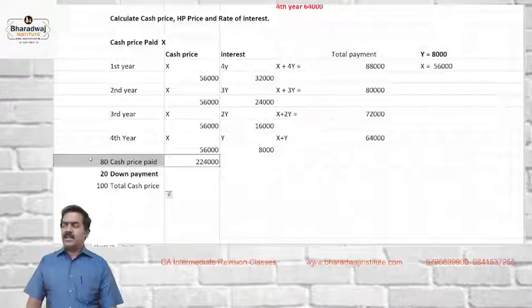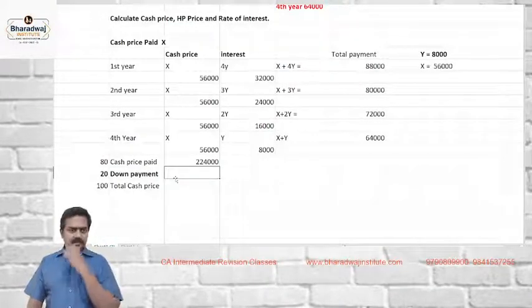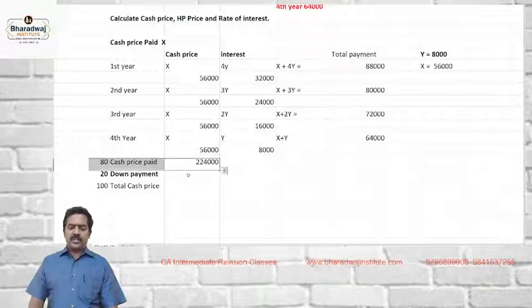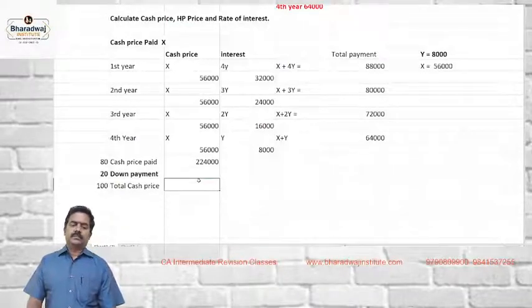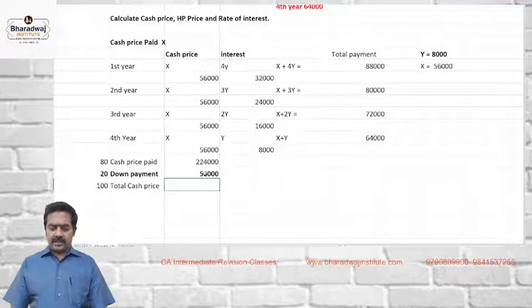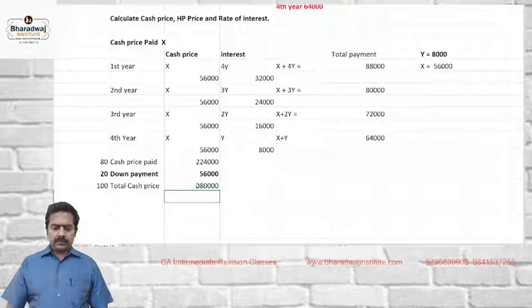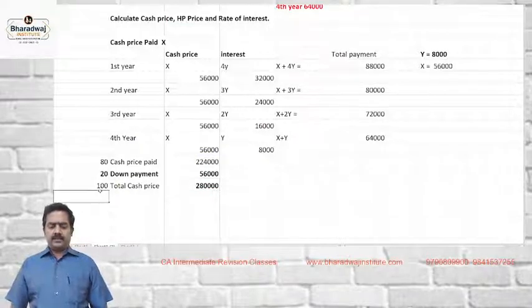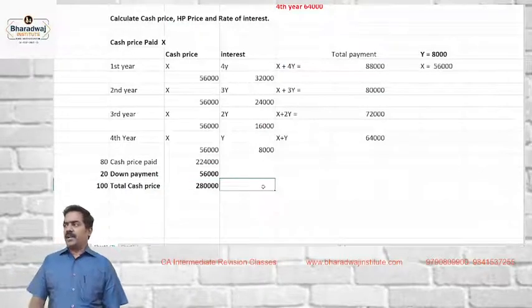If the cash price paid included in installments, 80%, is 2,24,000, what is 20? Cross multiply. If 80 is 2,24,000, what is 20? So the total cash price is 2,80,000.